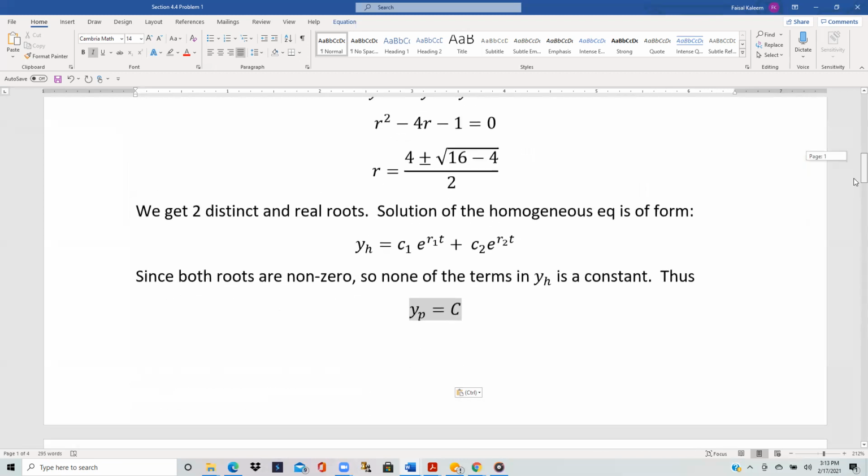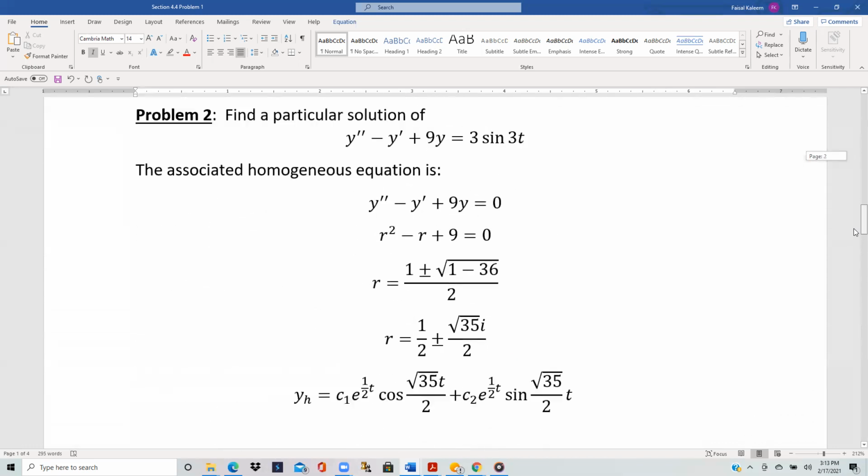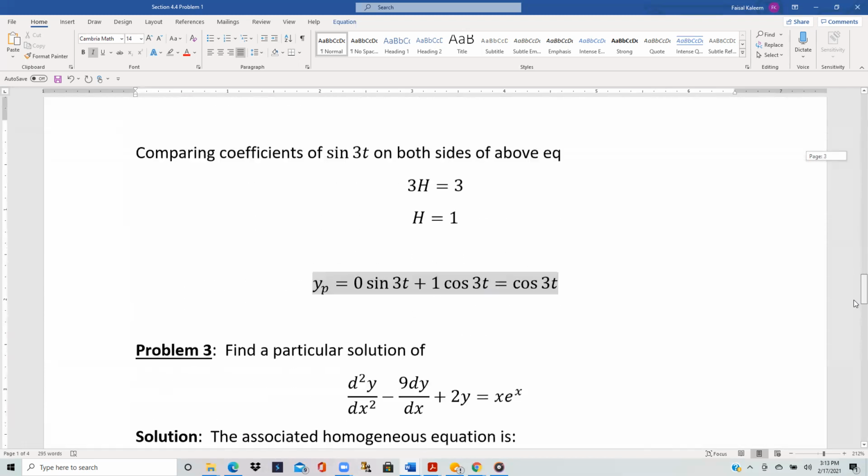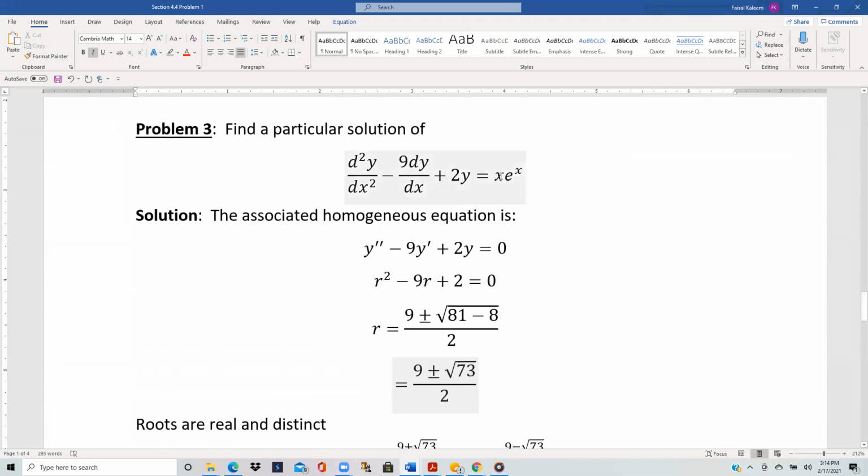So now we go back. This x is a polynomial of degree 1. So now what we do is we write the most general polynomial of degree 1. So the most general polynomial of degree 1 is ax plus b.